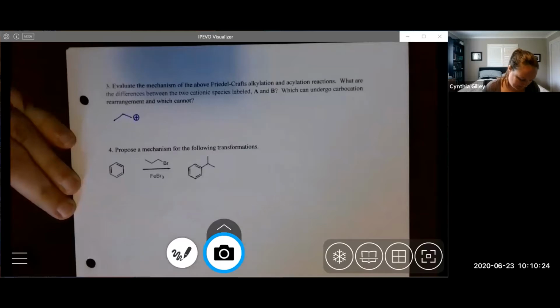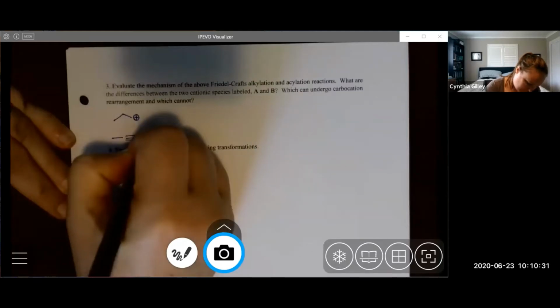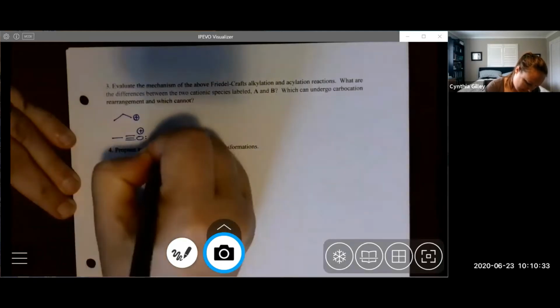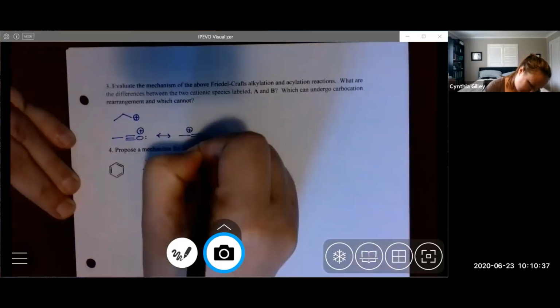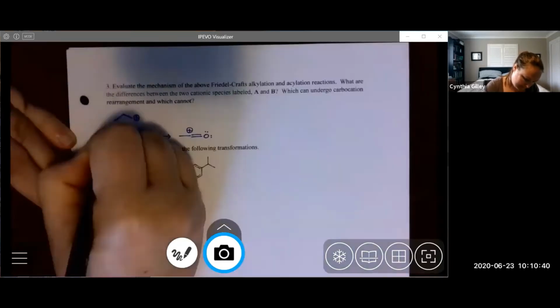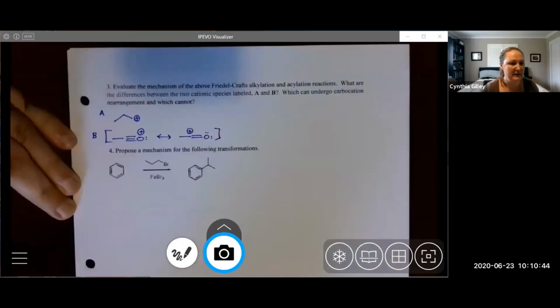We'll just draw it just for comparison, compared to the acylium ion, which was a mixture of resonance contributors. This was A, okay, and this is B.